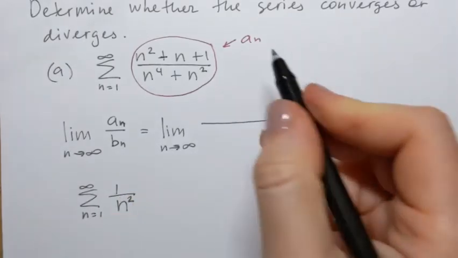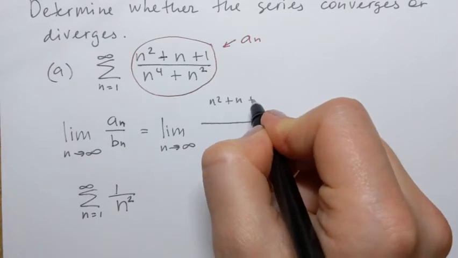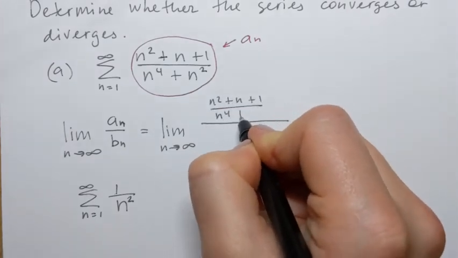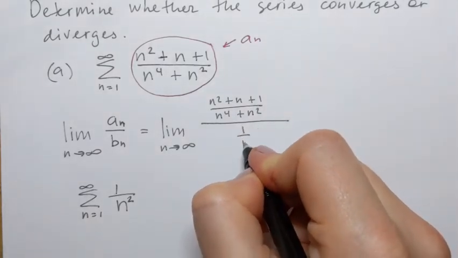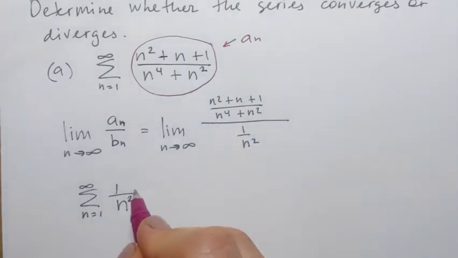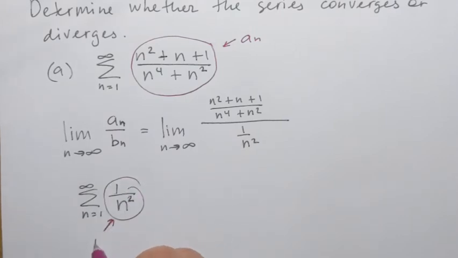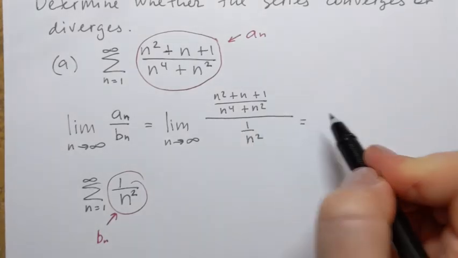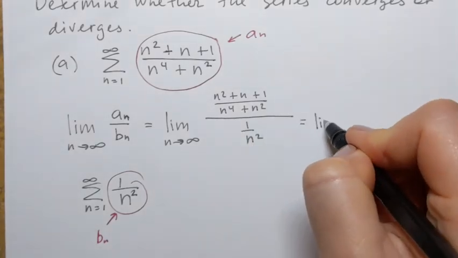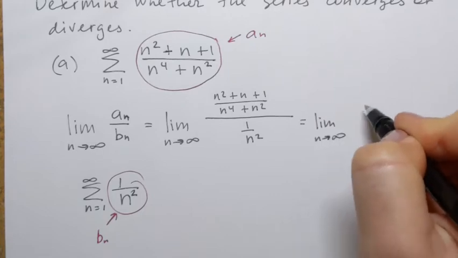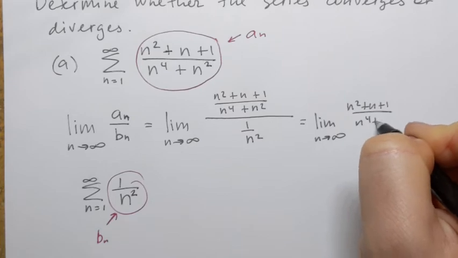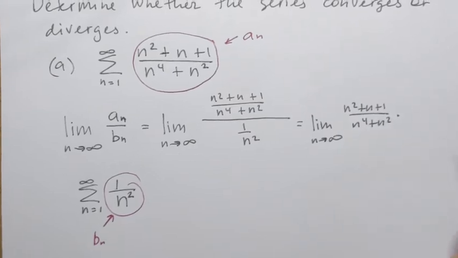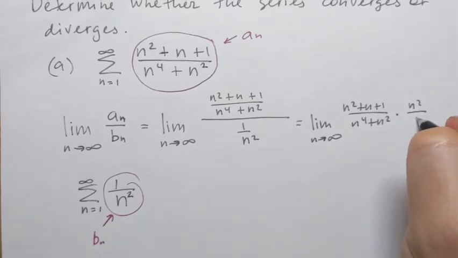In the numerator we have (n squared plus n plus 1) over (n to the fourth power plus n squared), and in the denominator we're using 1 over n squared. That's b sub n. To simplify this complex fraction, we take the fraction from the numerator and multiply it by the reciprocal of the denominator, n squared over 1.